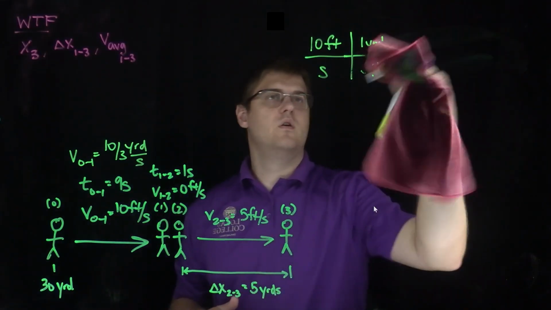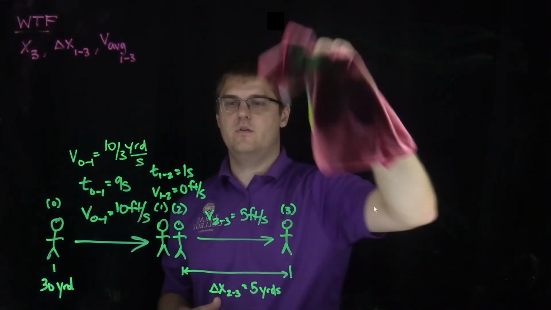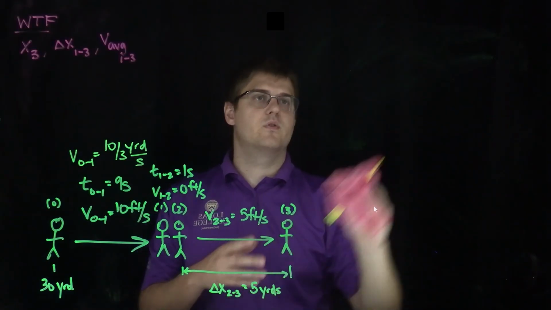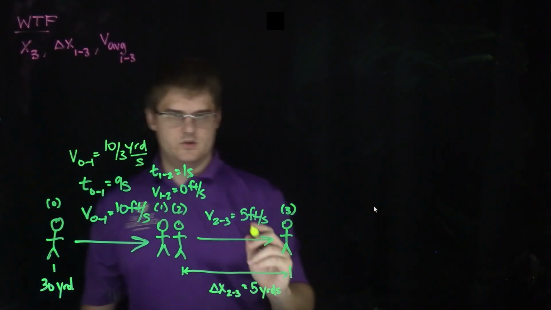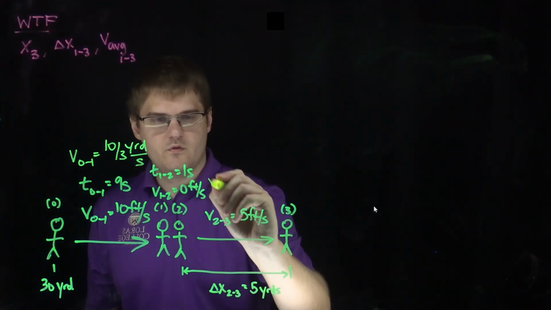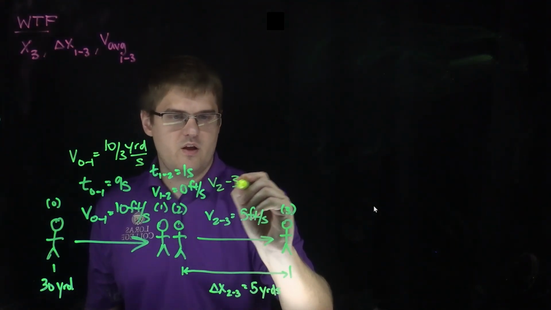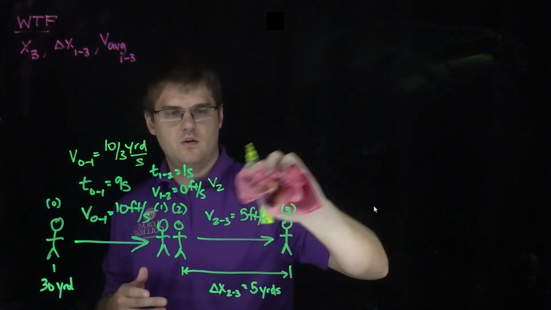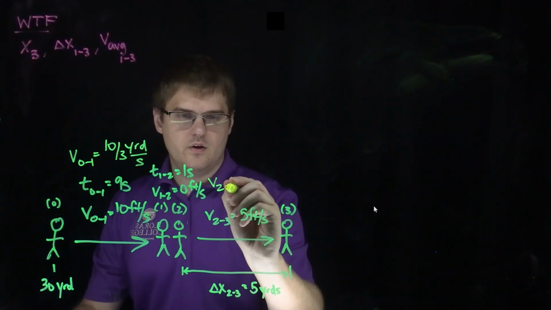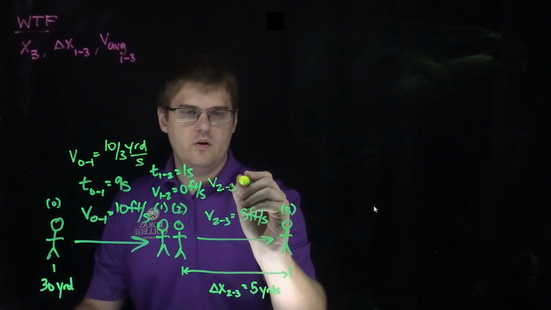Perfect. What else do I have in feet? 0 feet per second is 0 yards per second. That is easy. 5 feet per second is just going to be velocity 2 to 3. That is way too big. Still learning how to work on this small screen.